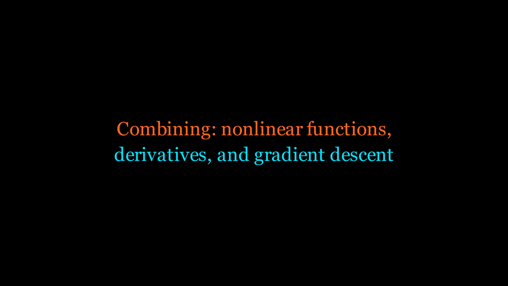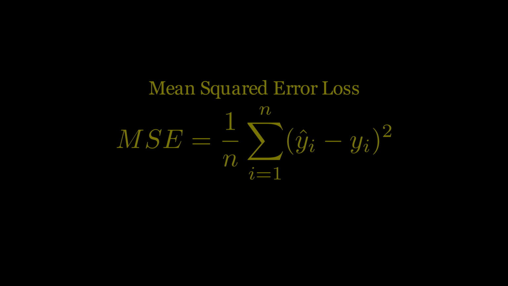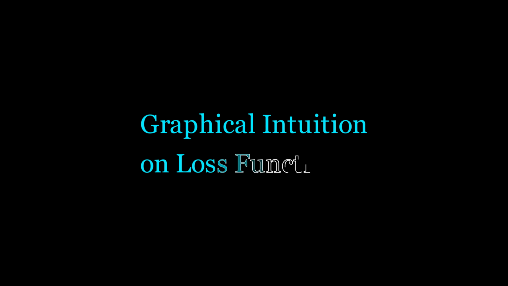In today's video and the next we are reaching a pivotal milestone. We are going to combine all the mathematical foundations we've covered in our previous sessions. Our focus today is a deep dive into the mean squared error, MSE loss function. More importantly, we're going to develop a graphical intuition for how loss functions behave.